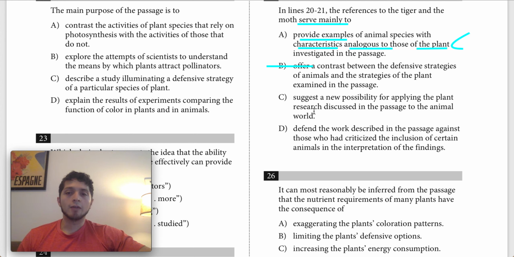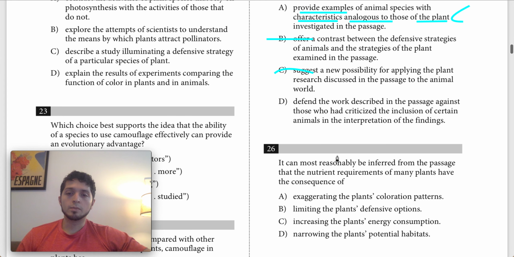But that's not really what we have going on. One, we haven't really found any of the research. We haven't even concluded the research for the plant yet. We're still in the beginning stages of it. And that's not really what the reference is used for. The reference is used to give other examples of camouflage that animals use. So we can get rid of C.